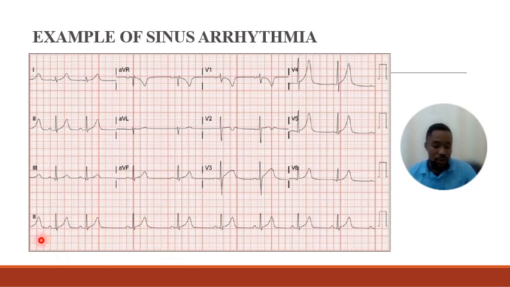But by the norm, from here to here should be 10 seconds. So I just count the R waves, 1, 2, 3, 4, 5, 6, 7, 8.